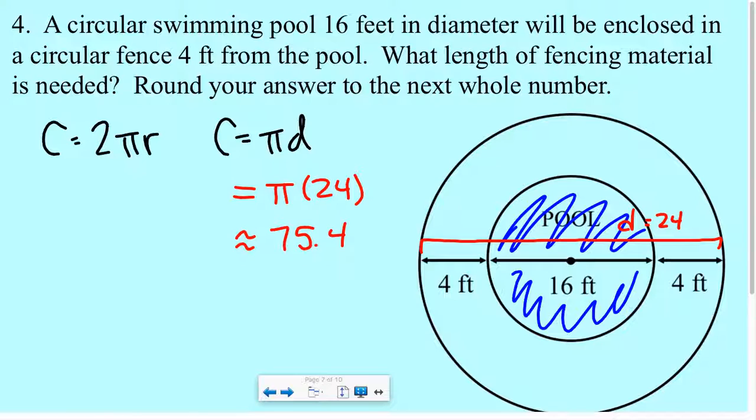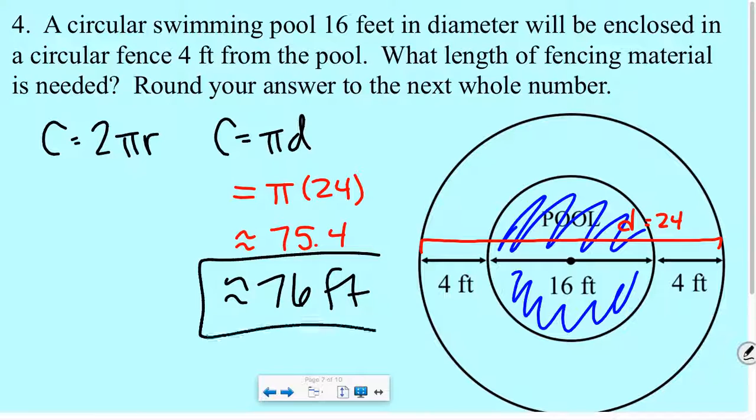Then I won't have enough fencing. So I can't buy 0.4 of fencing. I don't want to round this down to 75, then I don't have enough. So your final answer is that you need 76 feet of fencing. Measure twice, cut once, right? No? Okay.